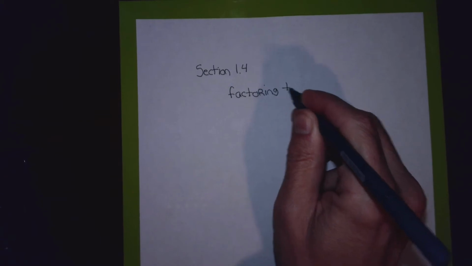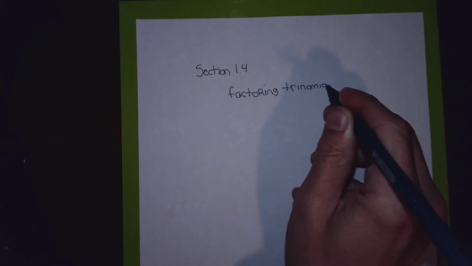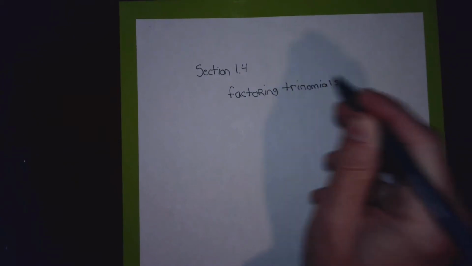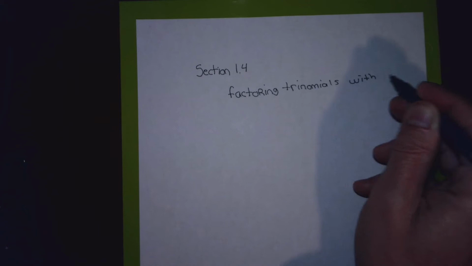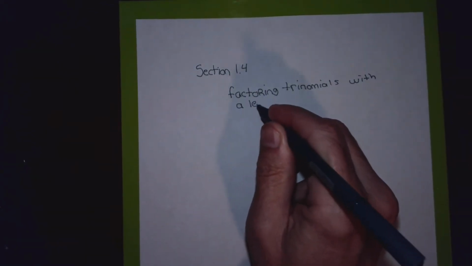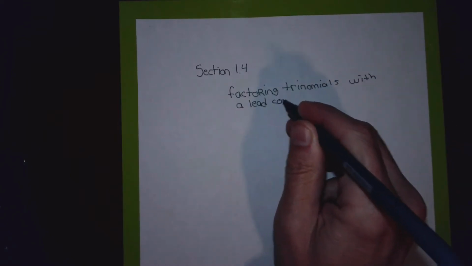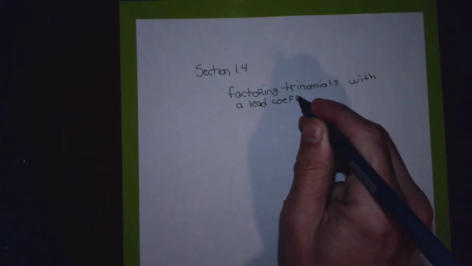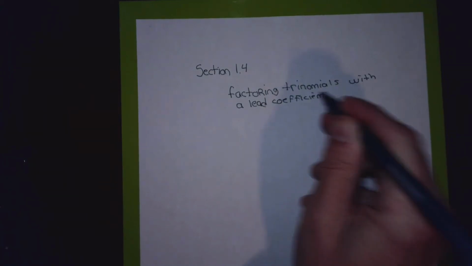But they're the hard kind of trinomials because the number in front of the squared term isn't a 1. So we're factoring trinomials with a lead coefficient, that's the number in front of the highest power term, that is not 1.